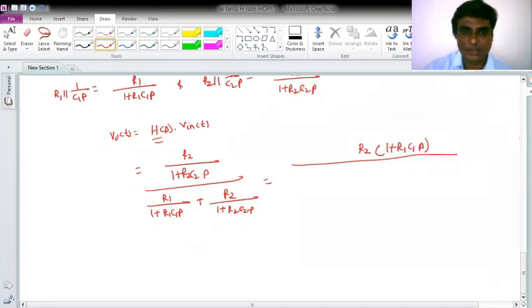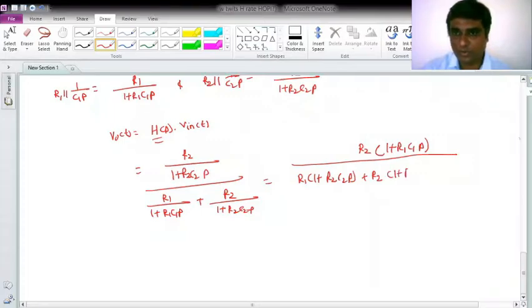Here I can write, this will cancel. Okay, so it will be R1 times 1 plus R2 C2p plus R2 times 1 plus R1 C1p, and this will cancel, so here it will be done.